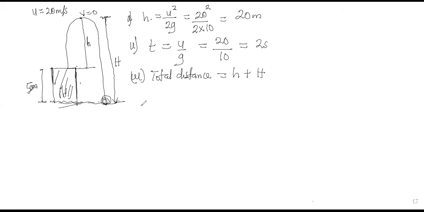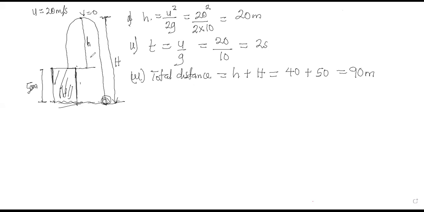Capital H is the height of the tower. So the total distance will be equal to 40 plus 50, which is 90.